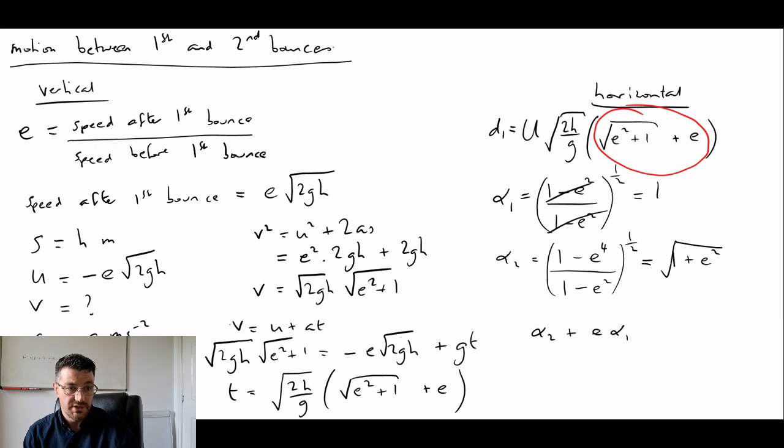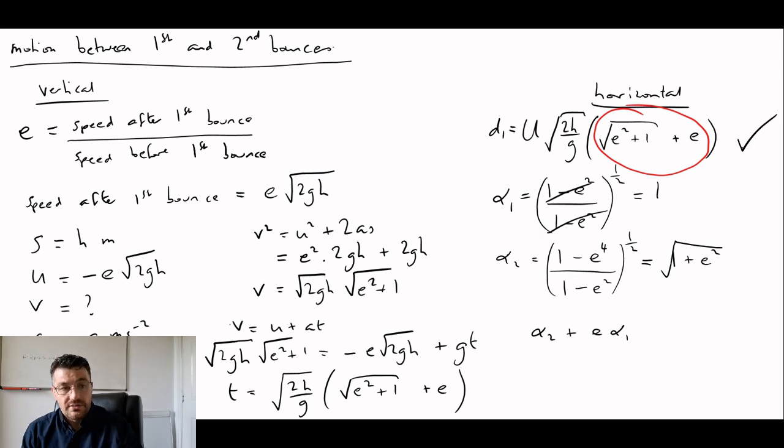Alpha 1 is equal to 1. Well, that's exactly what I need. According to the formula, d sub n, d1 is equal to u times 2h over g to the power of a half times e alpha 1 plus alpha 2. That's exactly what I've got. So my formula d1 matches what it should be.